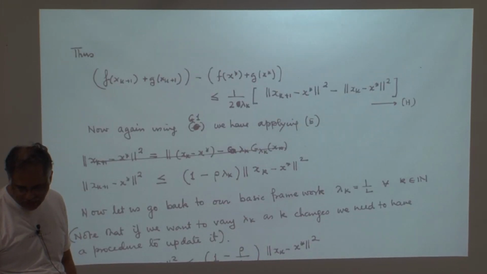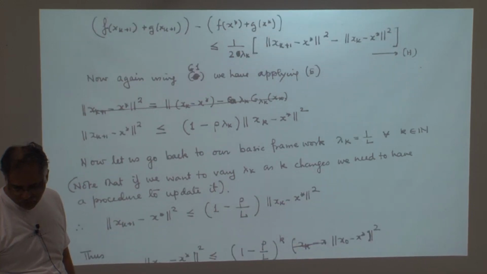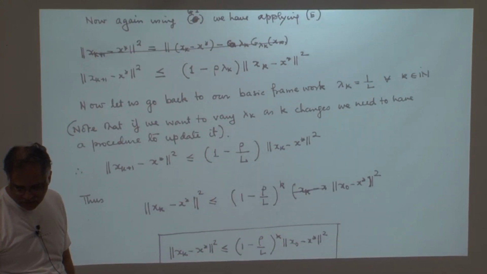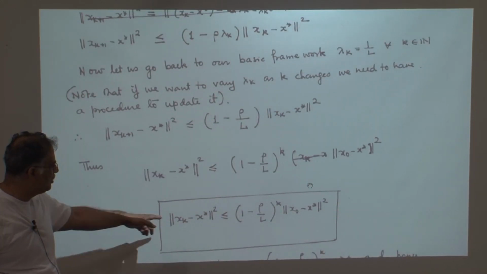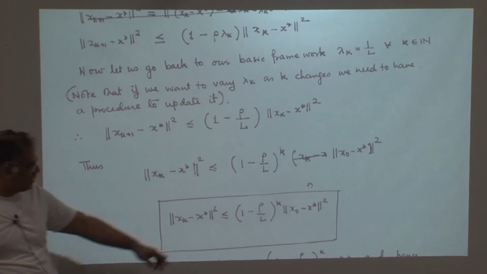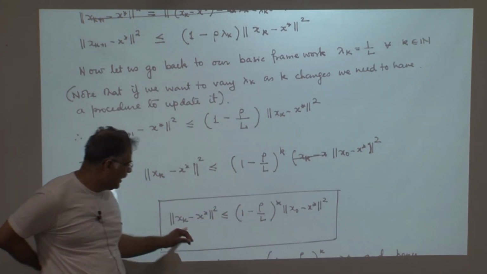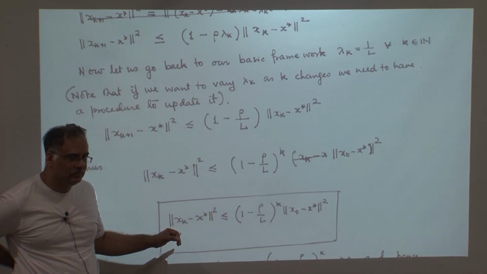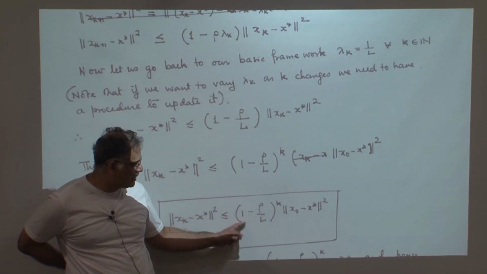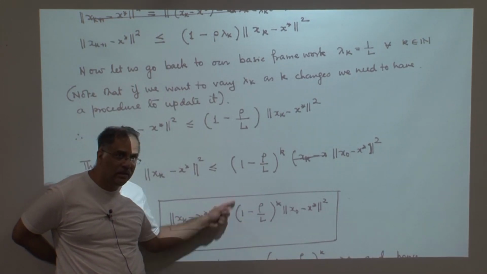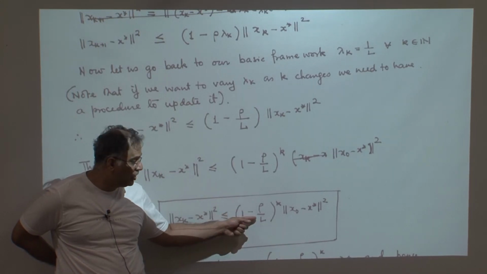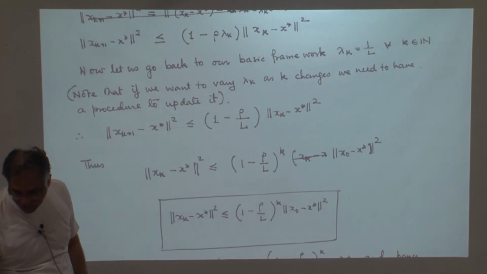So, at the end what we are going to try to show is a relationship like this, that x naught is the starting variable, xk is the current variable. This is a number less than 1, because L has been shown to be bigger than rho.